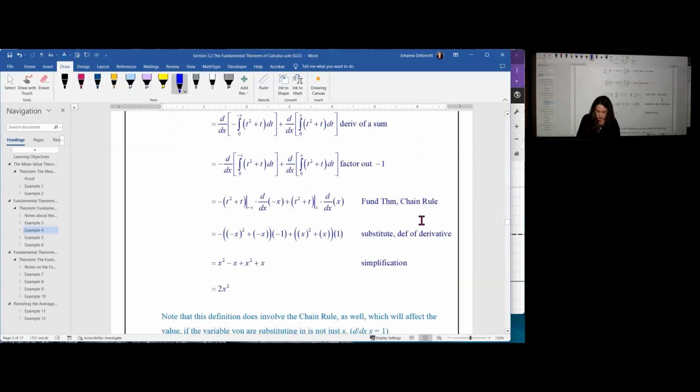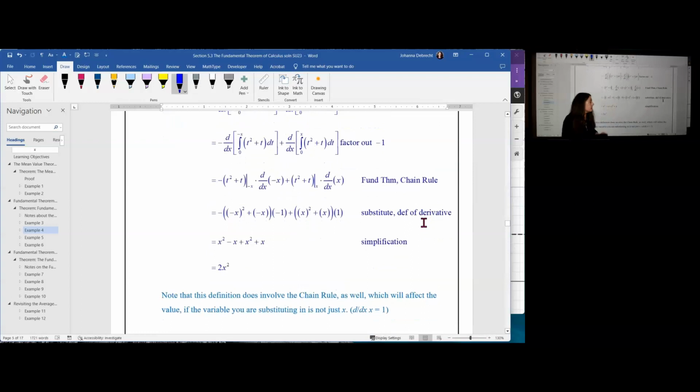Once we substitute each of these values into our expression, we end up with a negative, the negative we factored out of the derivative, times the quantity -x squared plus a -x, and then times a -1 from the chain rule. When we simplify, we get the final expression that it is 2x squared. The derivative of that integral is a function 2x squared.